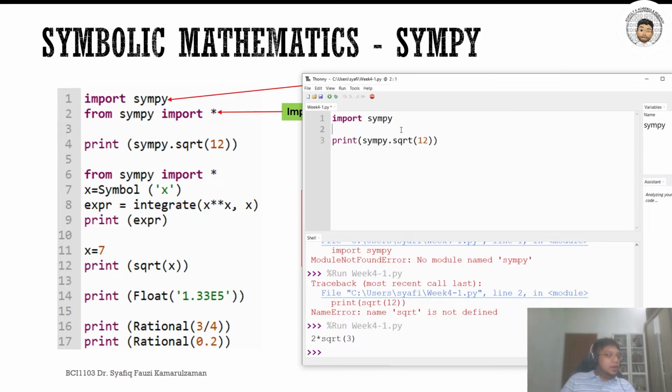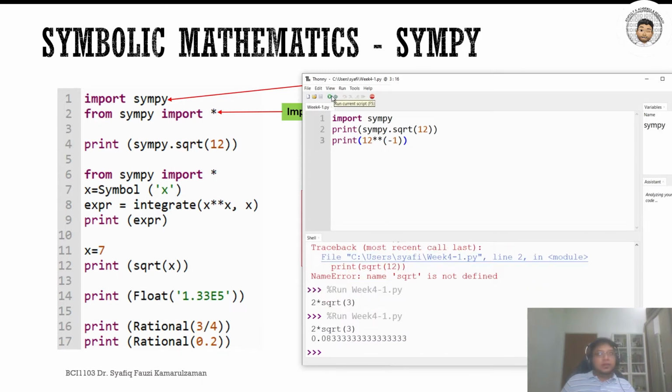Let's compare it with the original one. In original Python, for square root, for example square root of 12, we have 12 to the power of 1 half. No, it's negative 1, I think. Yes, power of negative 1. Let's take a look.